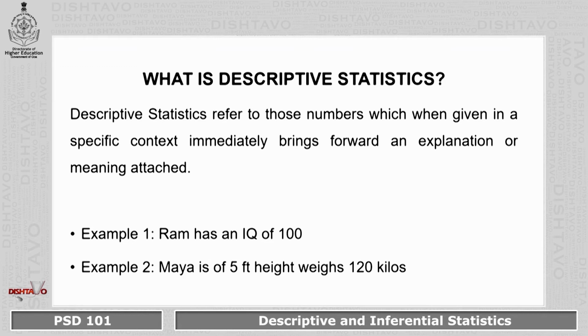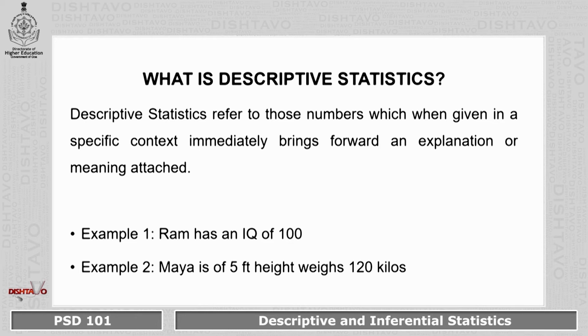Coming to what is descriptive statistics. Descriptive statistics refer to those which are given in a specific context, but immediately bring forward an explanation or a meaning attached. Whenever you look at a number and that number brings a description to your mind, that is called a descriptive statistic.